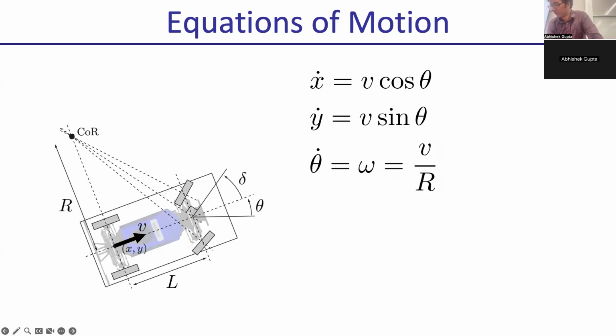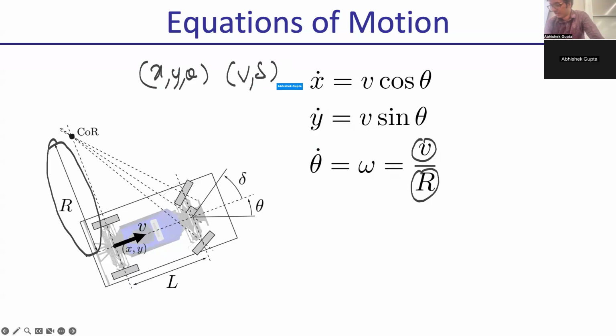The problem is we don't know this radius. We need to compute the radius in terms of known quantities. The quantities we know are x, y, theta, v, delta, and we know how long the car is, right? So we know v, delta, and L, but we do not know R.